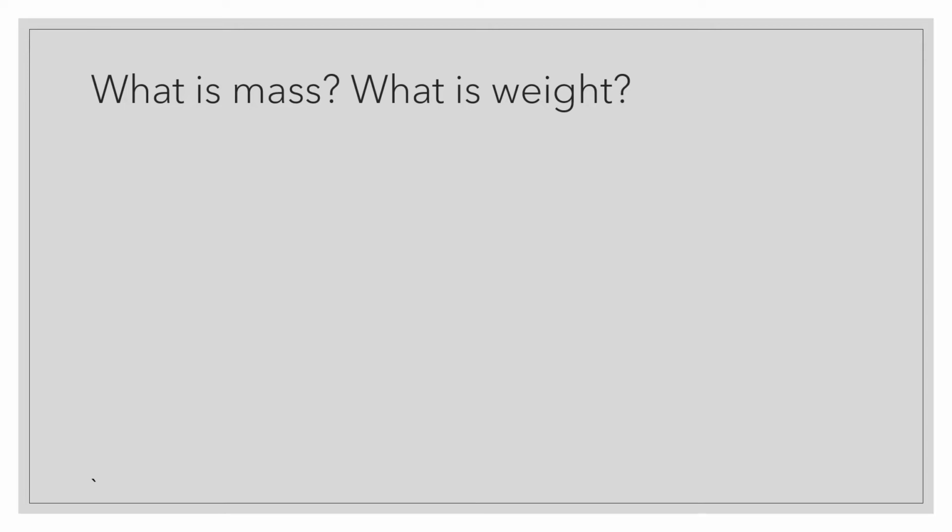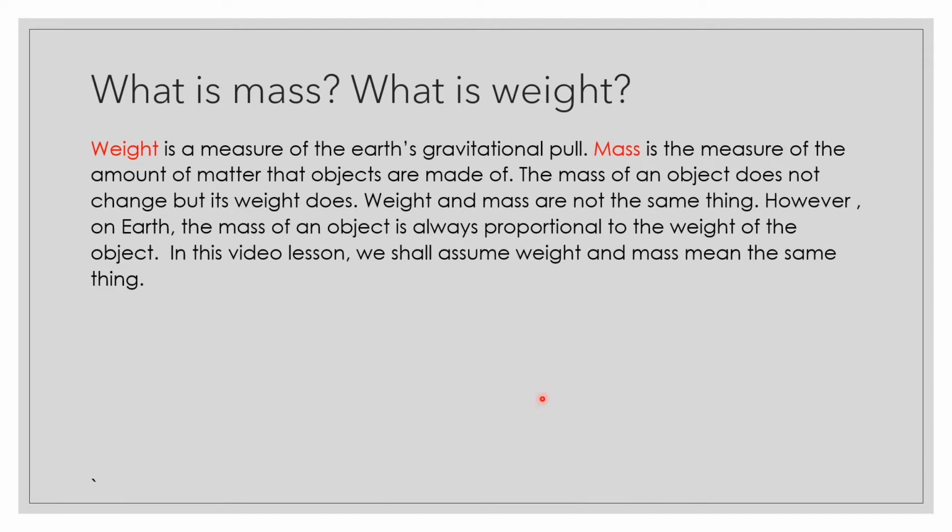What is the difference between the two? Weight is a measure of the Earth's gravitational pull. Mass is the measure of the amount of matter that objects are made of. The mass of an object does not change, but its weight does. Weight and mass are not the same thing. However, on Earth, the mass of an object is always proportional to the weight of the object.